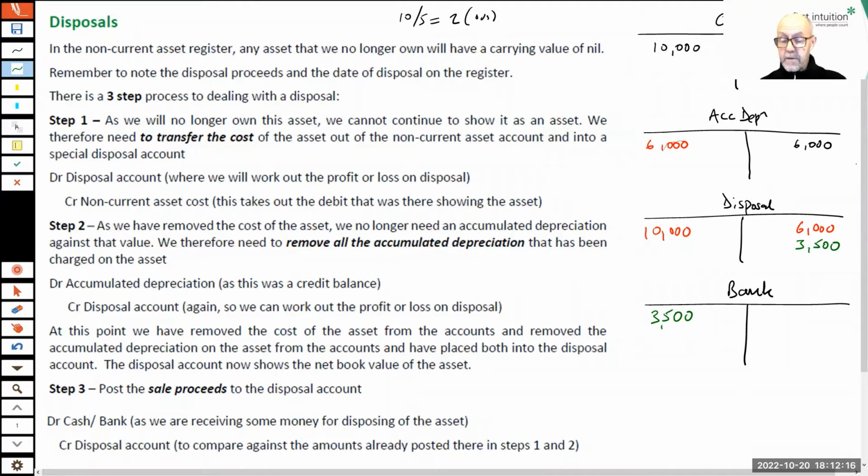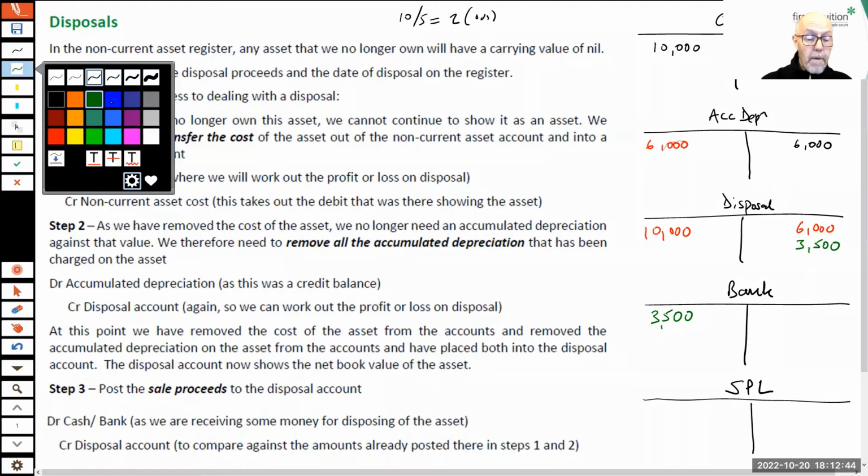Now, the disposal account, like all accounts that depict activity during the year, income, expenditure, purchases, sales, has to be cleared down at the end of the year. And we can see that at the moment, there is an imbalance between the sides. Now, at the end of the year, where does all of our activity go? It all goes into the statement of profit or loss.